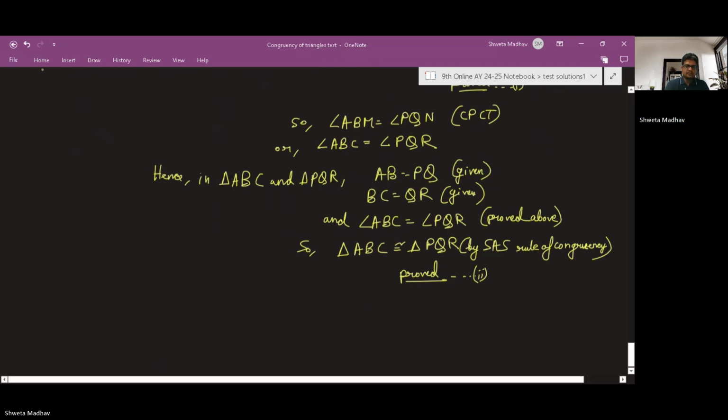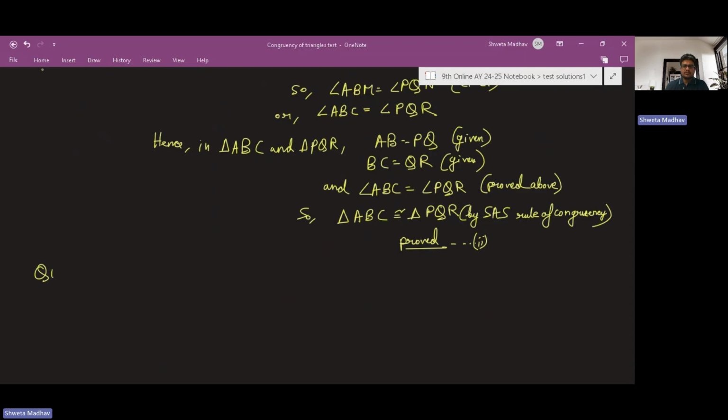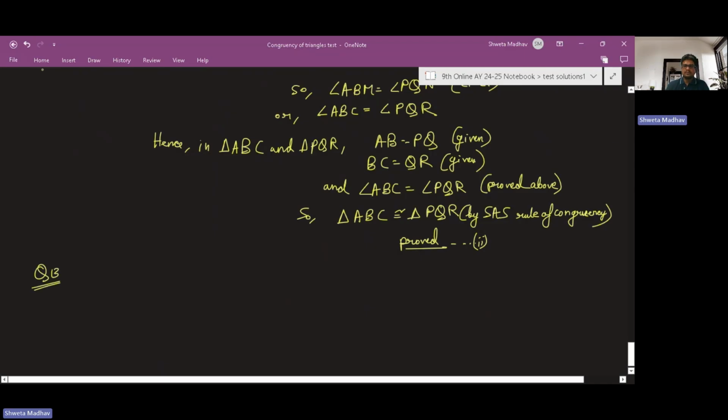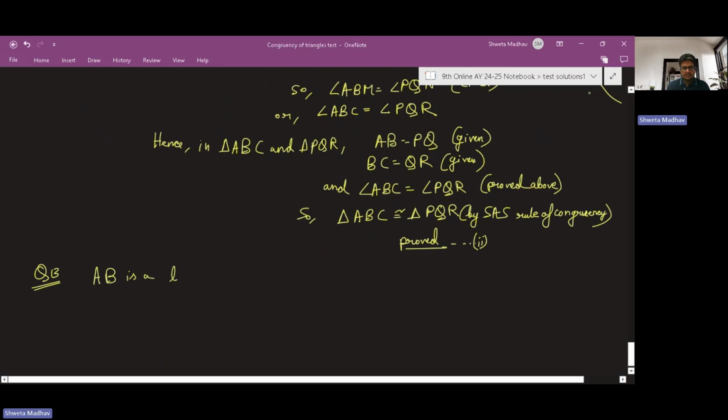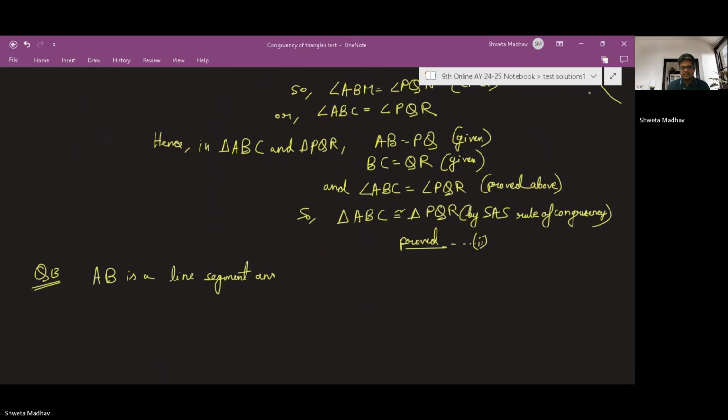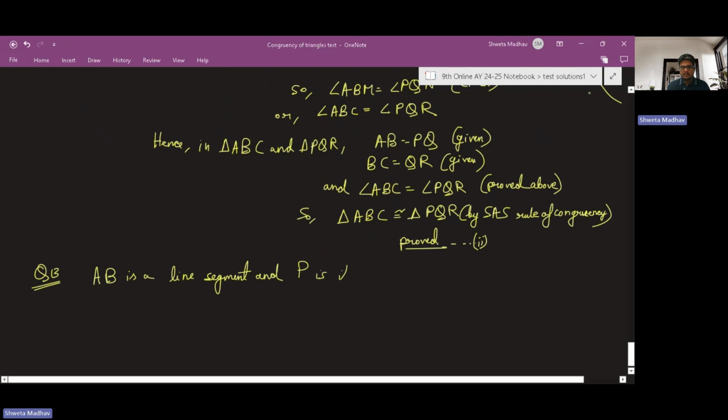Now, question number 13. It has been told that AB is a line segment, and P is its midpoint.